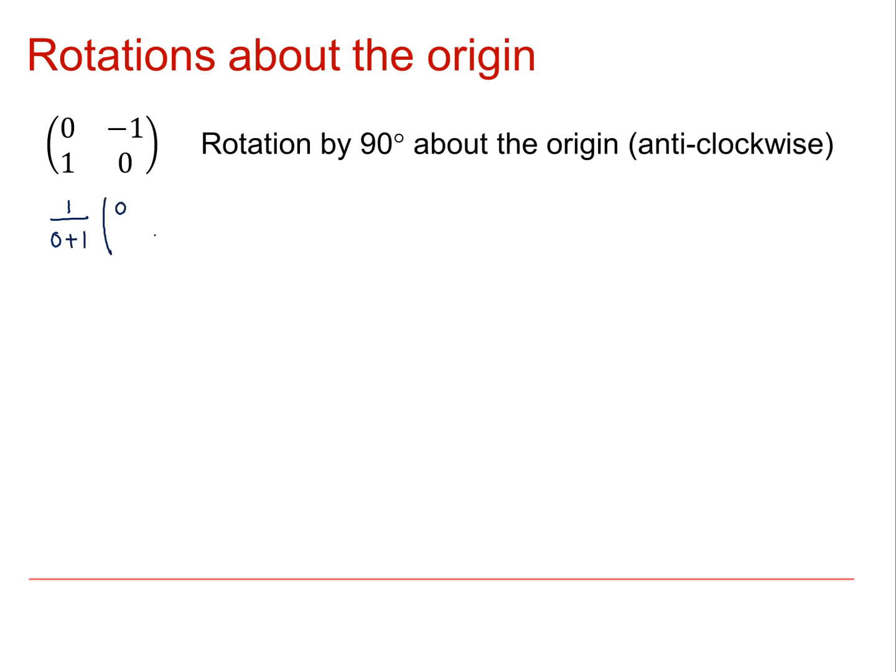Swap the elements on the leading diagonal and swap the signs of the other two. So that's just (0, -1; 1, 0). And you can check that that is the matrix which will give you a rotation of 90 degrees clockwise about the origin.